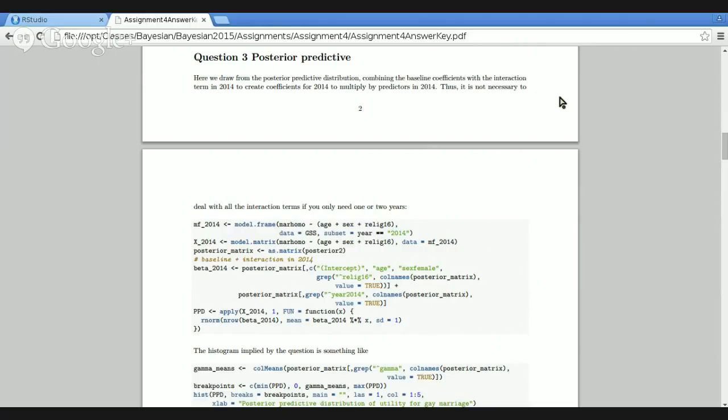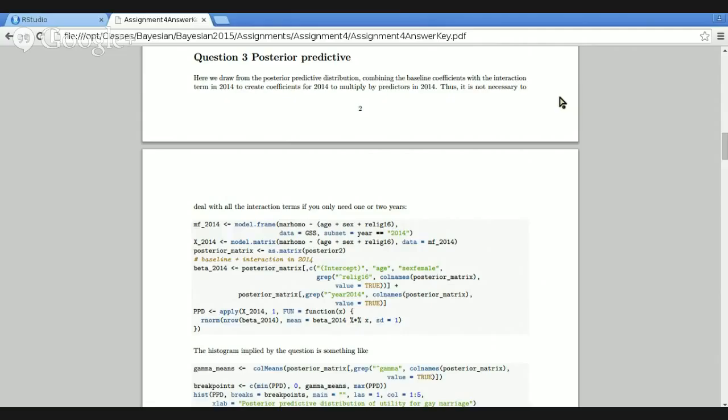And then what I needed to do was go through and add the interaction term for 2014 to the baseline parameters. And that gives me the combined coefficients on these X variables for 2014.